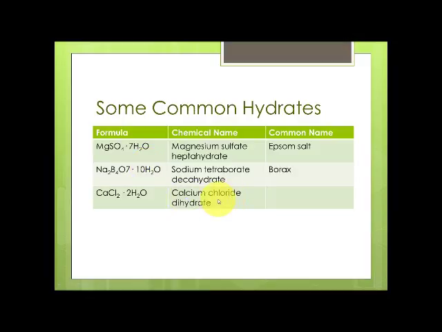And then calcium chloride, which we're going to talk about tomorrow, calcium chloride dihydrate. That has 2 waters, di. So we're pulling back in our prefixes from our naming chapter, and that tells you how many waters you have in the compound.